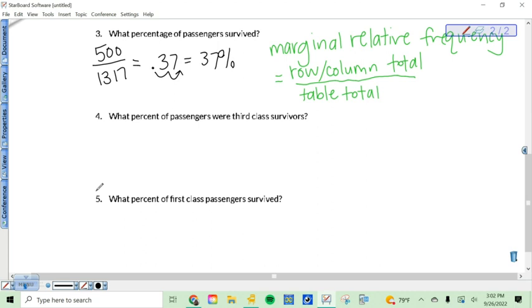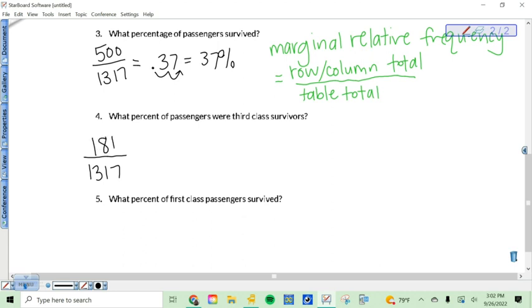Okay, number 4. What percent of passengers were third-class survivors? So again, I'm looking for a percent, and I'm looking for a part over the whole. What's my whole? Yeah, good. So it's still that table total, and then what's my part? 181.